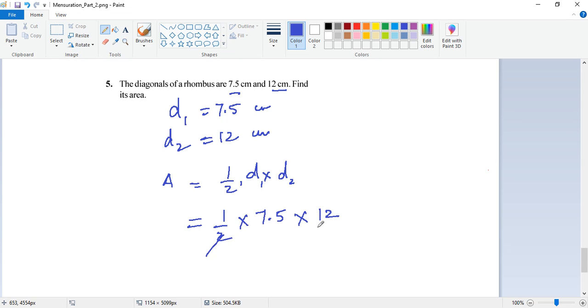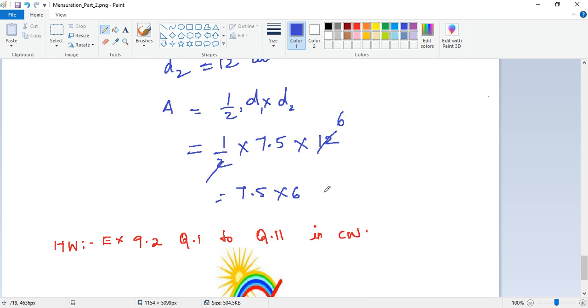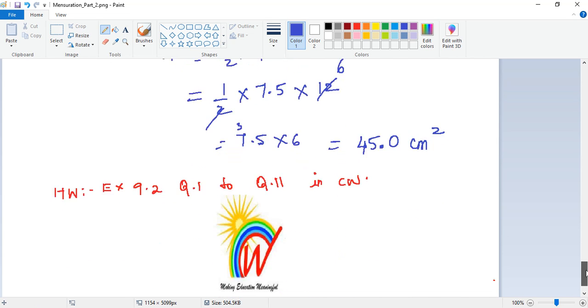So 2 6s are 12. So that's going to be 7.5 into 6. So you can just multiply this. 6 5s are 30, 6 sevens are 42, 43, 44, 45. And there's one number after the point, so you can put a point. So centimeter square, right? Yes, centimeter square. So that will be the answer.